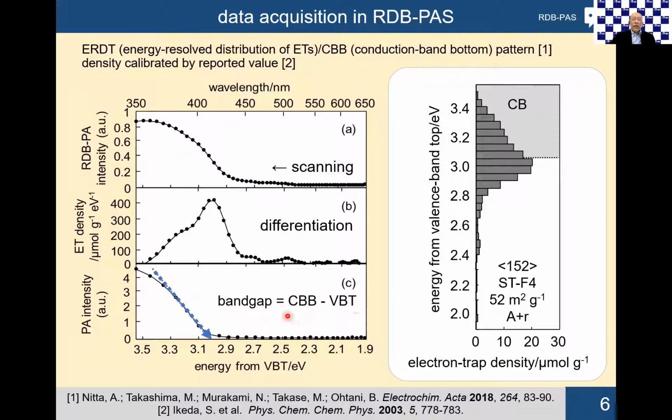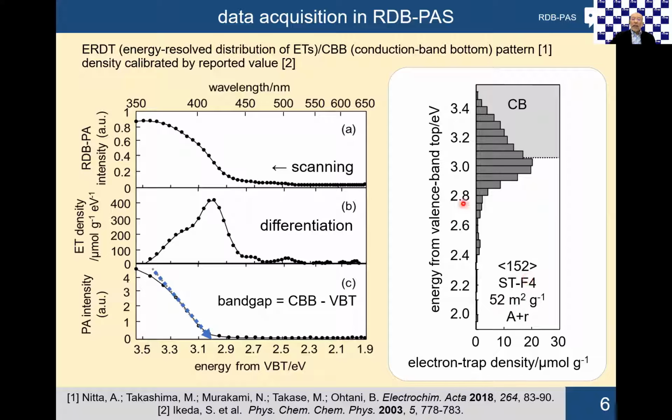Therefore, the conduction band bottom position can be plotted in the same figure as a difference to the valence band top position. And this is the ERDT, energy-resolved distribution of electron traps. This dotted line is the CBB, the conduction band bottom position. And the number in parentheses is the total density of electron traps.